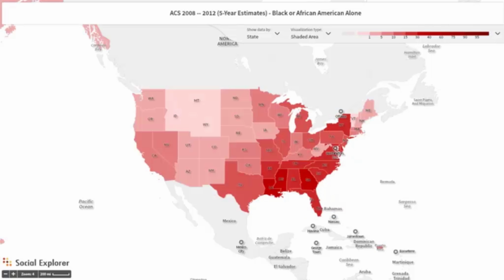But what the proportional symbol map, the first one, kind of hid was the fact that we couldn't see that West Virginia, Kentucky, Indiana have a lower percentage or a lower number of African Americans in those states, because the circles for the other states were so big, it hid those underlying smaller states. And so of the three, I would argue the choropleth map is best because it shows more nuance, more of both sides of the data, not only showing those areas of large numbers, but also the states with lower numbers.